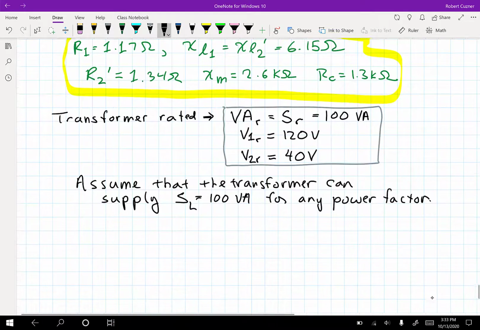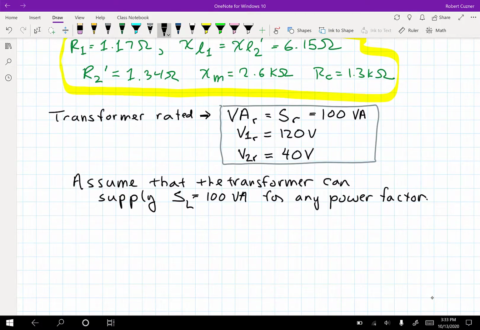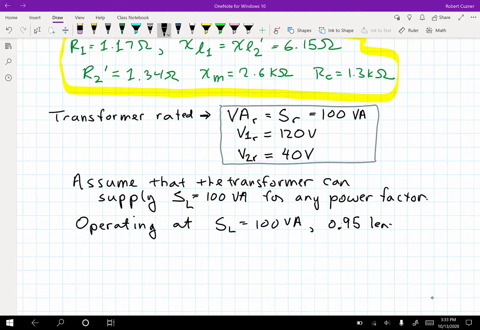Now I'm going to show you an interesting way to approach this, and this is how we'll do most of our transformer problems, not all of them, but we'll say that it is operating at a load apparent power of 100 VA, and let's say 0.95 leading power factor.